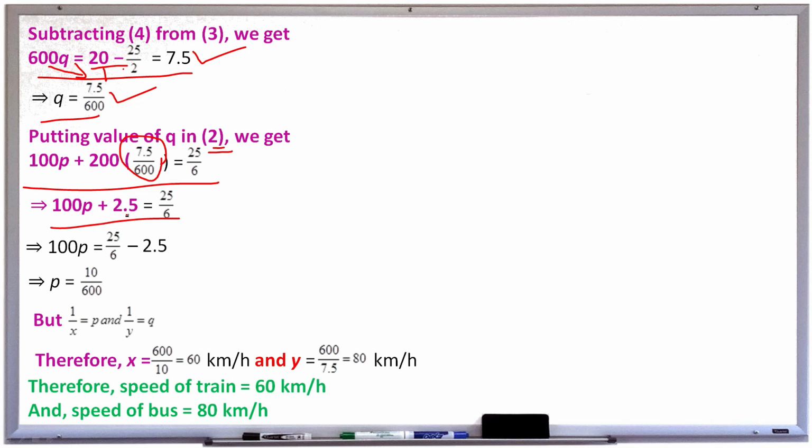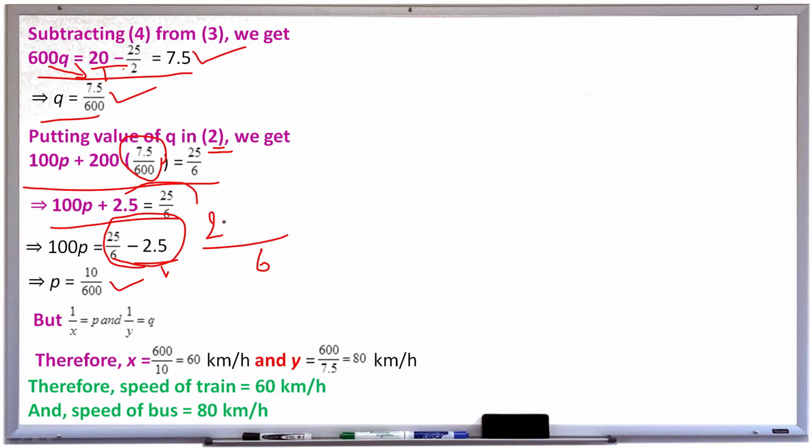So 100p plus 2.5 is equal to 25 by 6. Bringing 2.5 to the right hand side, it will be minus 2.5. So you can take the LCM, 6.